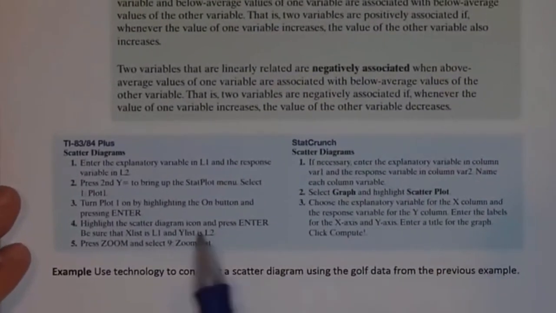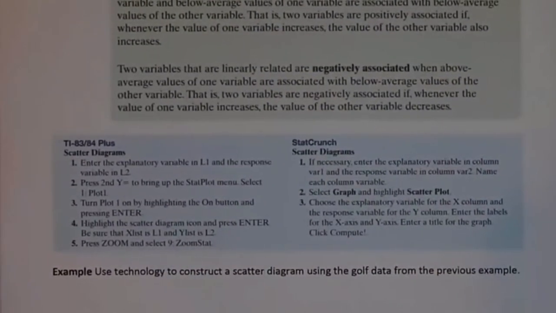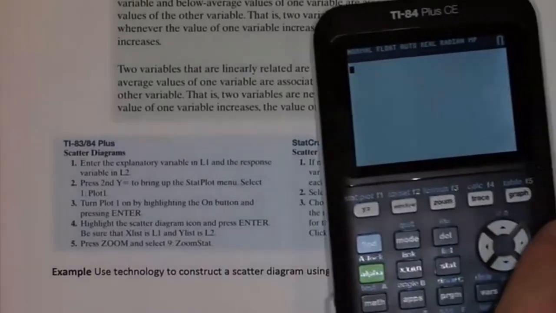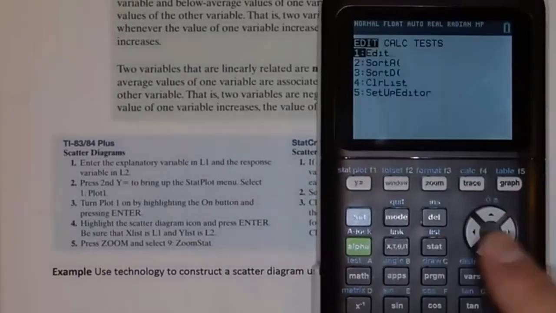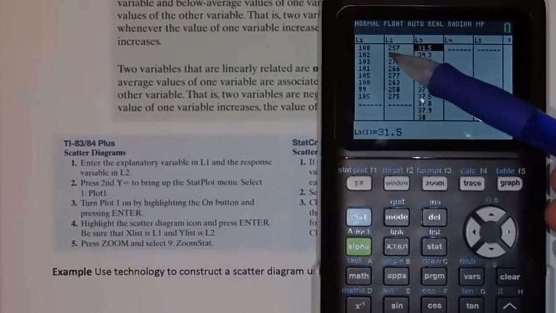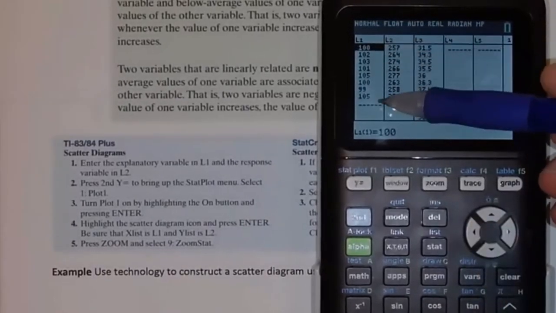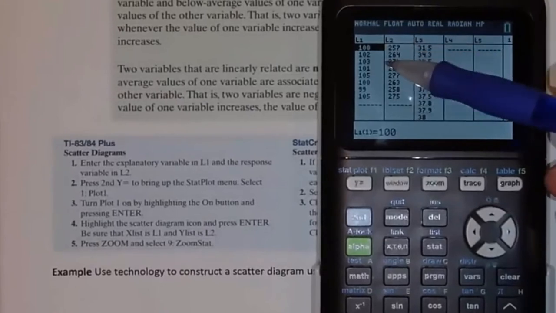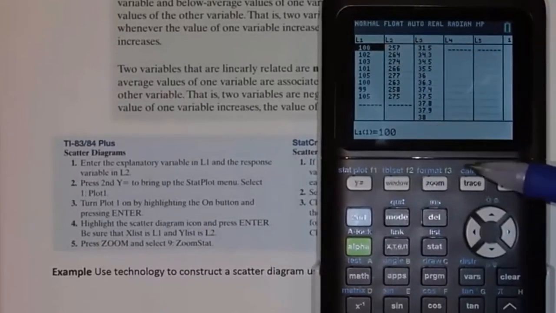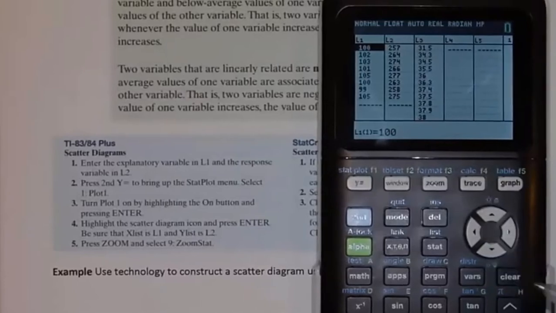Now, I've given next notes on how we can use our calculator and StatCrunch to create scatter plots or scatter diagrams. So if I bring in my calculator, I went to Stat and Edit, and in List 1 and List 2, I have the golf club data that we just plotted by hand.